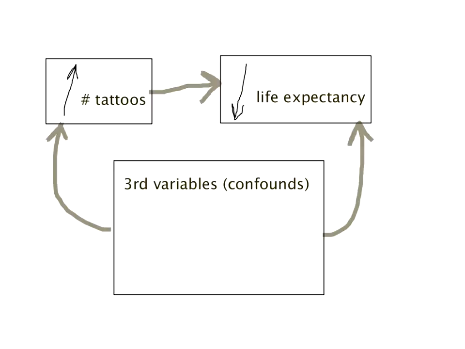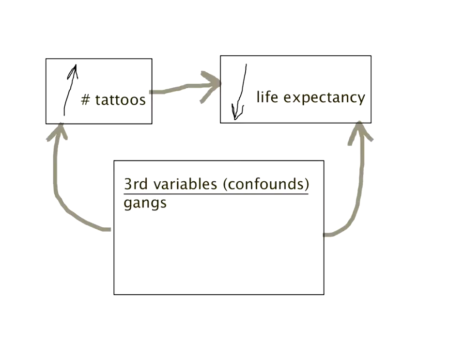So what I want to ask you now is give me some examples of some third variables that go along with this. In other words, people who have lots of tattoos and tend to die young also tend to have what else going on in their life? What else are they doing that might be associated both with having lots of tattoos and maybe dying young? Tell me in the chat box.